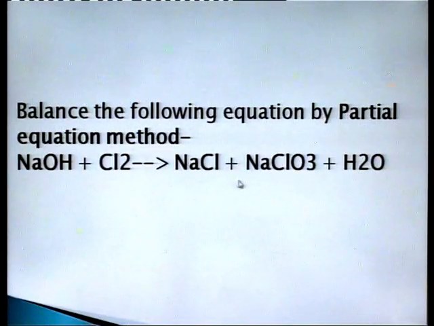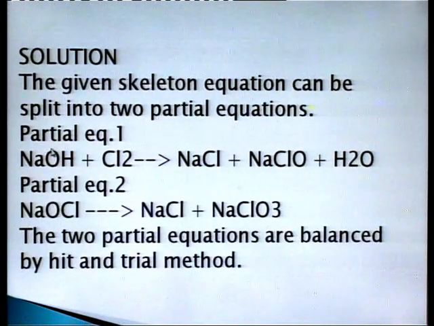This equation is a very complicated equation which can be easily balanced by using partial equation method. First, what will we do? We will change this overall equation into 2 simple equations called partial equations. So, let us split this equation into 2 partial equations.